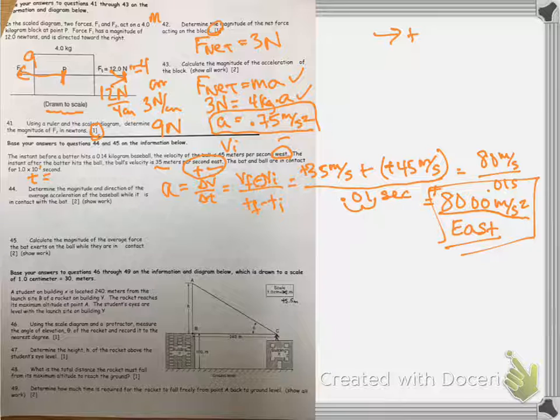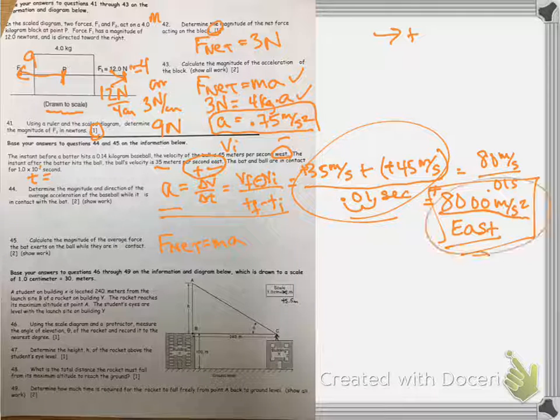Calculate the magnitude of the average force the bat exerts on the ball. F net equals MA is my equation. Again, on this last one, here's my equation. Here's my substitution with units. Here's my answer with units right there. Here, F net equals MA.